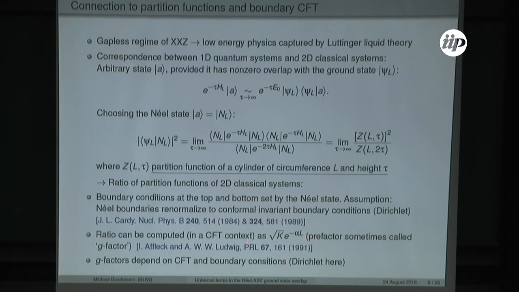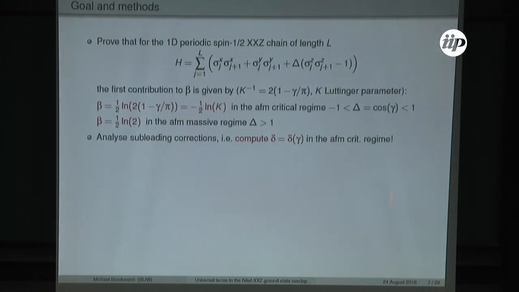So now we want to try to prove the explicit form of this prefactor, that this is indeed square root of k, and as a side effect we also get information about this non-universal part alpha if we choose the XXZ chain, and also on subleading corrections to this expression. Okay, so this is a kind of introduction.